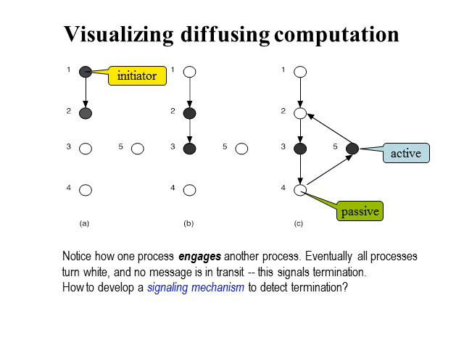Okay, so process 1 engages process 2 to find out about the termination situation. Another thing we notice in all the figures is that the black processes are the processes which are currently active, and the white processes are the passive processes.